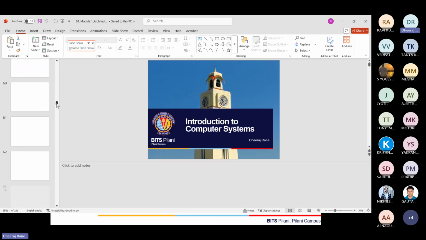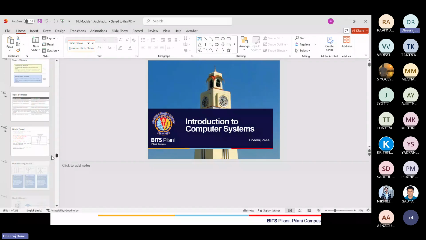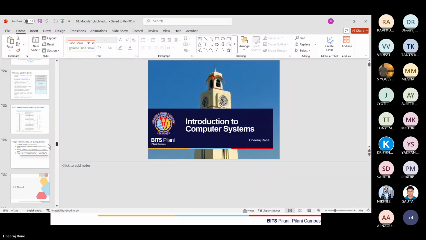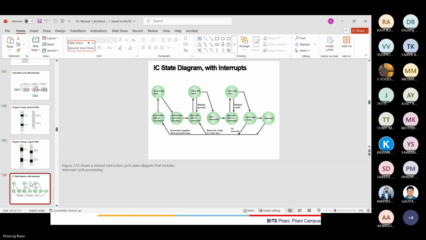If you recall the first few sessions, we have gone through the interrupt concept.